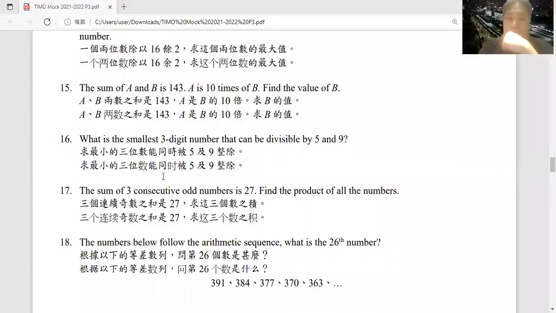Now question 16. The smallest number greater than 100 that can be divisible by 5 and 9. So you need to find the least common multiple first.